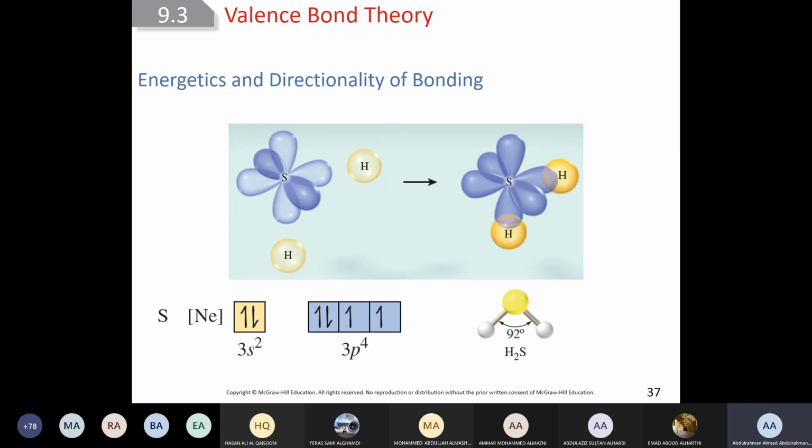Now, when the hydrogen interacts with sulfur, the hydrogen comes closer to here and closer to here, and it will make this bond. All right, this is the electronic structure of what? Of sulfur. This is the valence of sulfur.